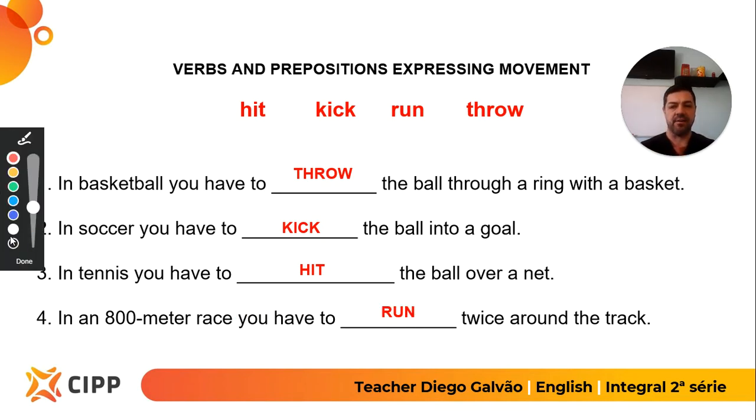So what do you have here? Look, throw with the preposition through. Then you have kick with the preposition into. We have hit with the preposition over, and we have run with the preposition around.